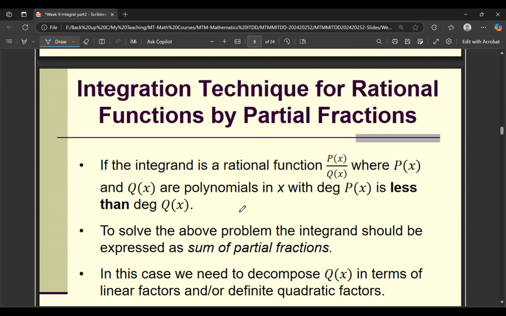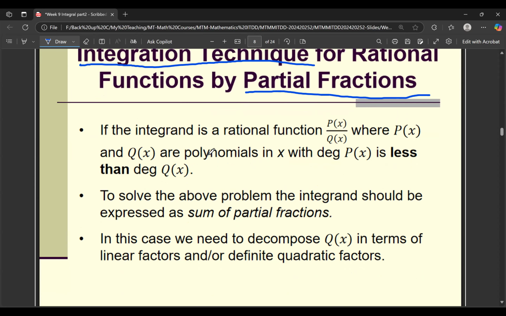We talk about how to integrate by using this technique, partial fraction. What is partial fraction and how to do this technique? Okay, let's talk about it.